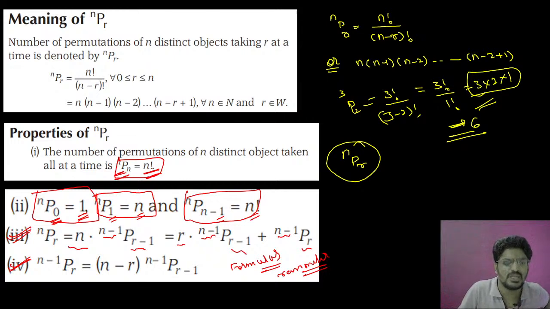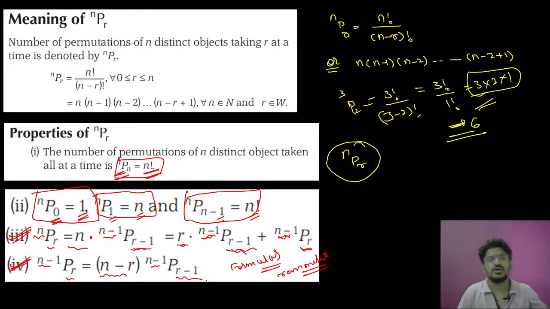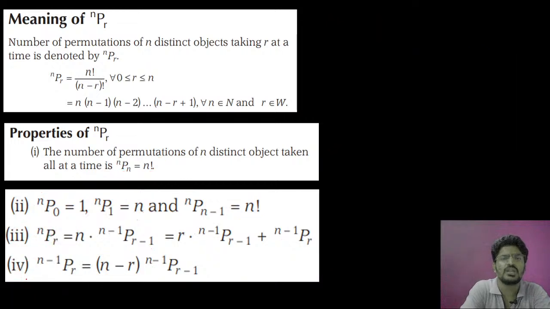So go through property number 3 and property number 4, that is nPr is nothing but n into (n minus 1)P(r minus 1), equal to r into (n minus 1)P(r minus 1) plus (n minus 1)Pr. And in the fourth property, (n minus 1)Pr is going to be equal to (n minus r) multiplied with (n minus 1)P(r minus 1). So here property number 3 and property number 4 are very important.